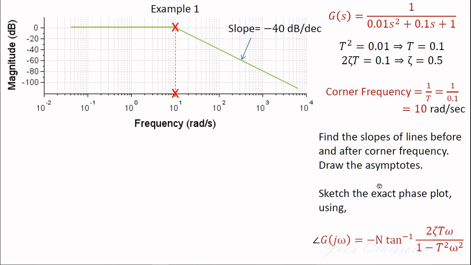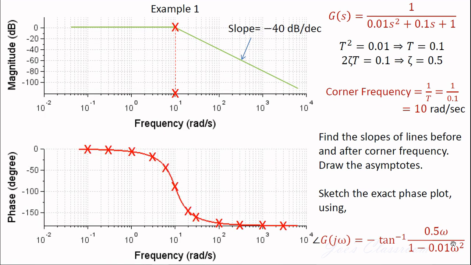Once you draw the Bode magnitude plot, that is the asymptotic magnitude plot, you can find the phase plot. Usually the phase plot is drawn as an exact plot using this expression. So substituting the value of n, zeta and t, you will get this expression. Of course, this expression can be computed for different values of omega, and you can get those points, connect those points, and you get the phase plot.